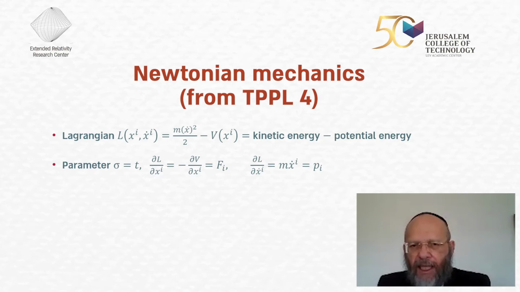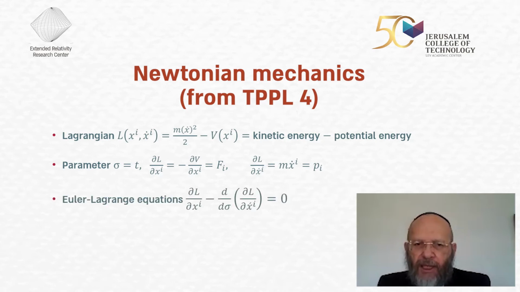The partial derivative of L with respect to xi is the force, and the derivative of L with respect to xi dot is m xi dot with upper index, which was defined as the momentum. Now, it is a little bit problematic because xi has an upper index and pi has a lower index. That's one of the shortcomings of the Newtonian description, and you see it disappears if you do it right with relativity.